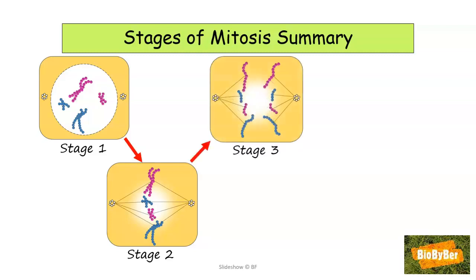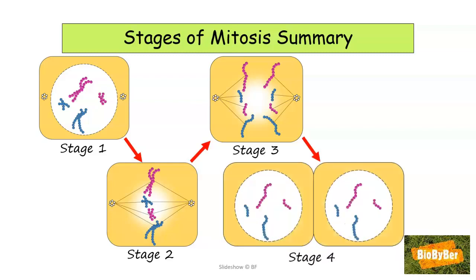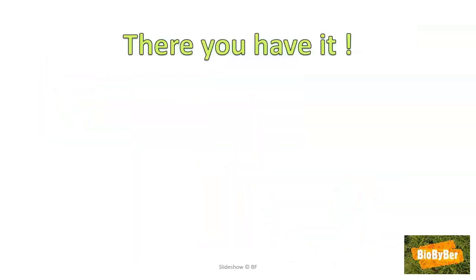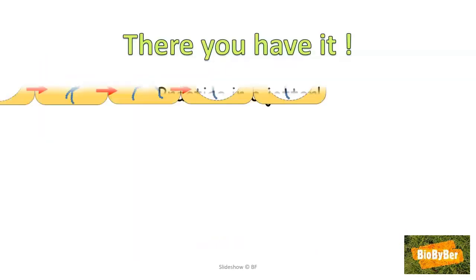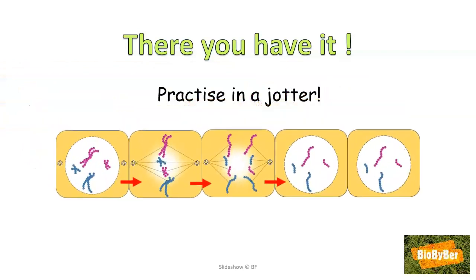Stage 3, where the chromosomes are pulled apart, pulled to the left and the right hand side of the cell. And stage 4, where a nuclear membrane reforms around these chromosomes, forming two new cells. And there you have it. Practice in a jotter. Do it on the double.